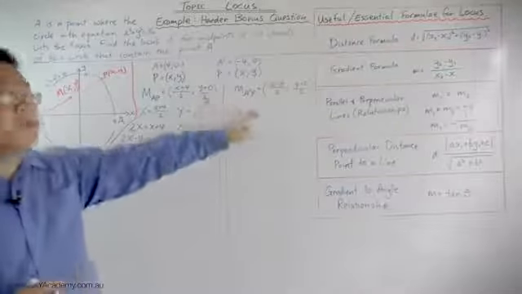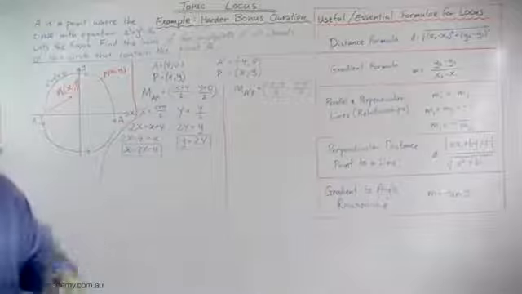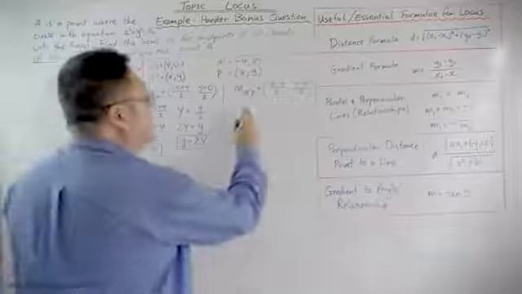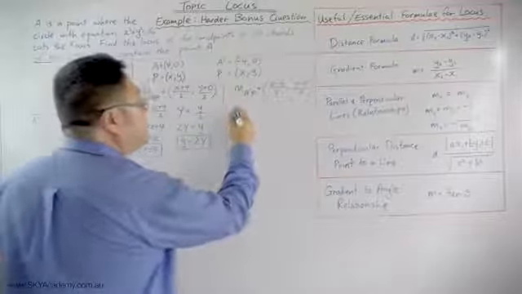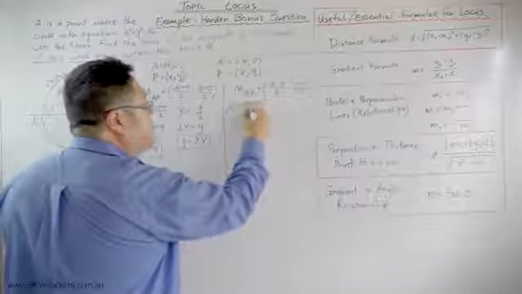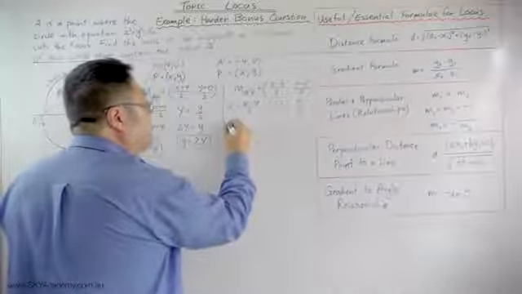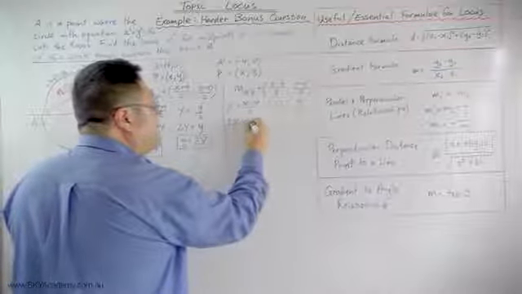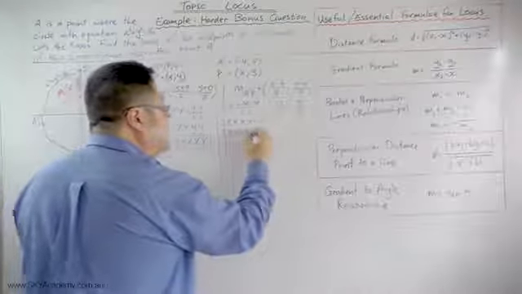I'm also going to do this one here. It's just a matter of set and forget. We're just going to apply the same process. You've got capital X is equal to (x minus 4) on 2, and capital Y is equal to y on 2. So 2 capital X is equal to x minus 4, and 2 capital X plus 4 is equal to x.